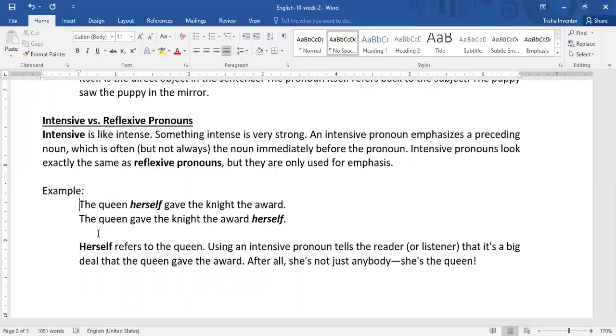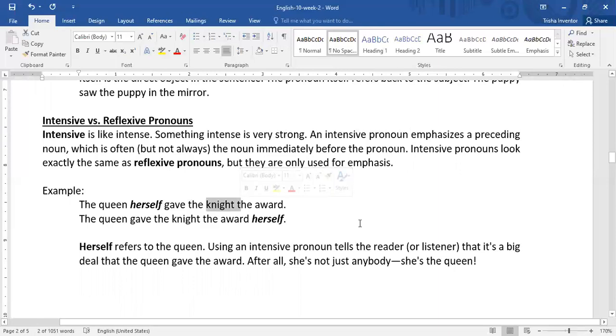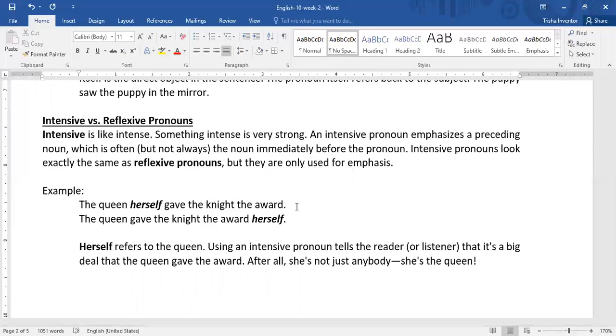Gitagaan ni queen, si queen mismo ang ninghatag og award kay knight. So, di ba, herself emphasizes that the queen herself gave it. Dili iyahang mga staff, dili iyang mga servants, kundi si queen mismo ang nag-give sa award.